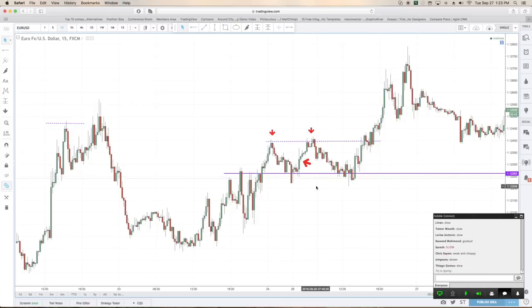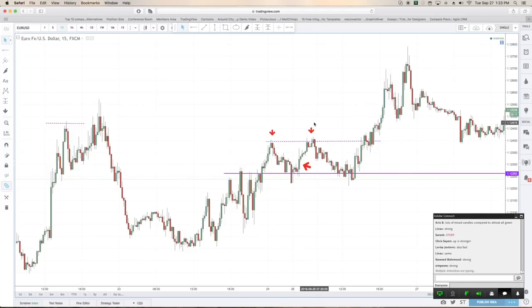So if it's slow, weak and choppy, okay, good. Now let's still take a step back and think. How is this uptrend compared to the downtrend here? Strong. And how is this uptrend here? Yeah, strong and also fast. That's correct.